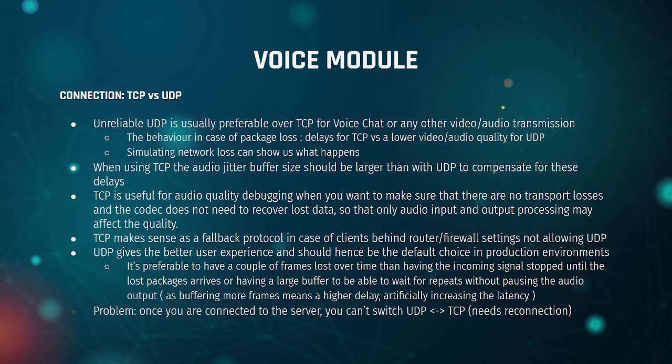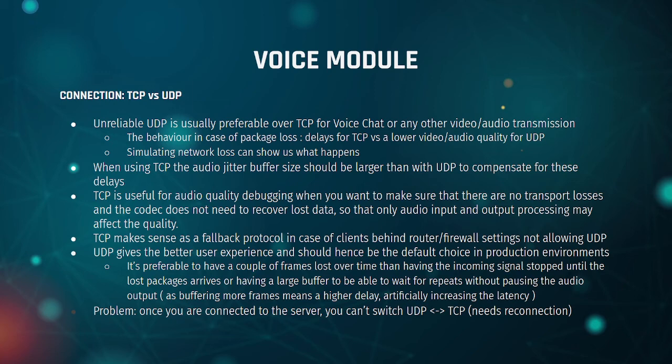You can simulate the network loss and see what happens when you choose TCP or UDP. You could be hearing voice, or the voice is missing. When you use TCP, the audio can jitter. The audio jitter buffer size will be larger than with UDP to compensate for these delays.